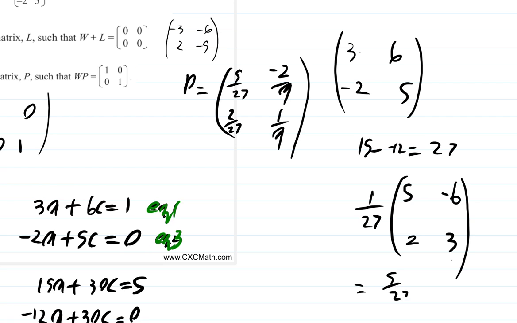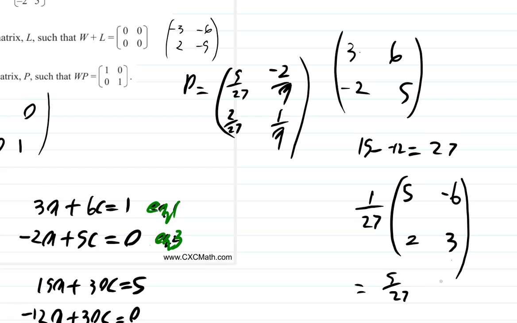You have 5 over 27, negative 6 over 27, but that's the same as 3 into 6, 2. 3 into 6 is 2, 3 into 27, 9. So it would be much quicker to find the inverse, that is, if you remember how to find the inverse of the matrix.